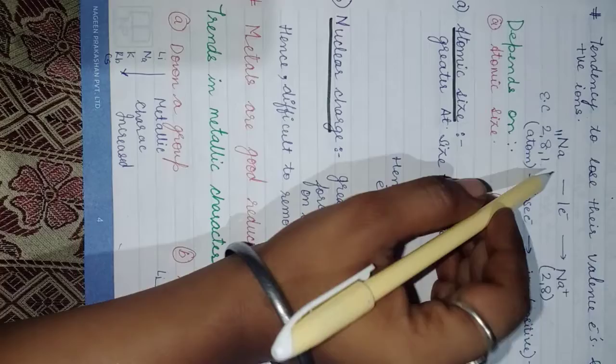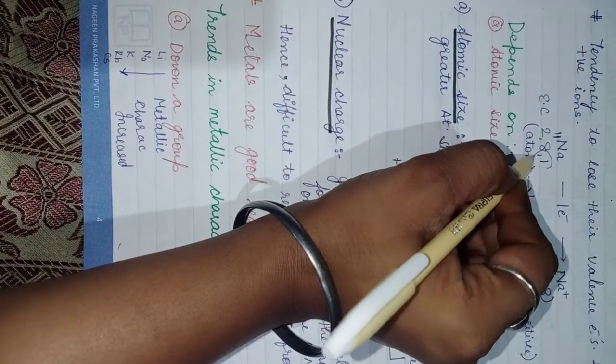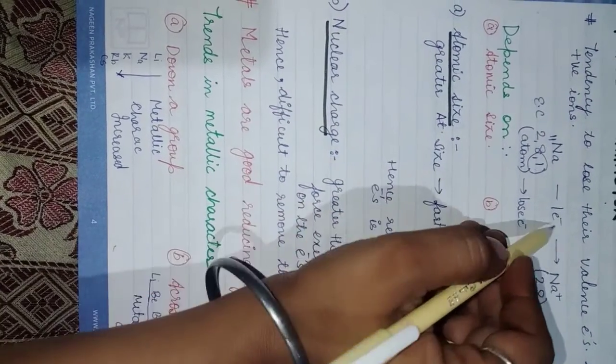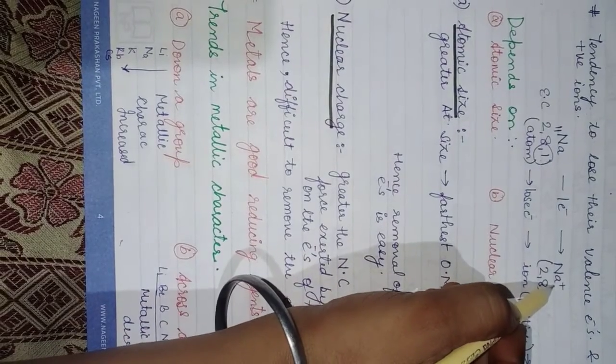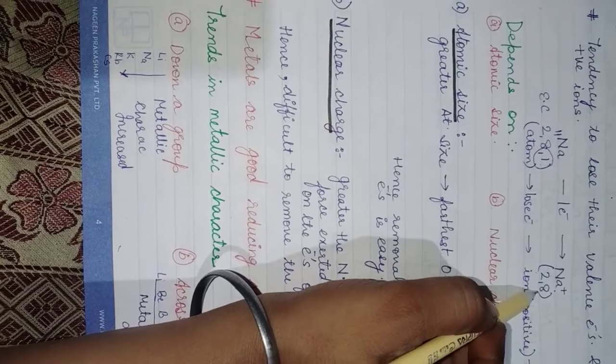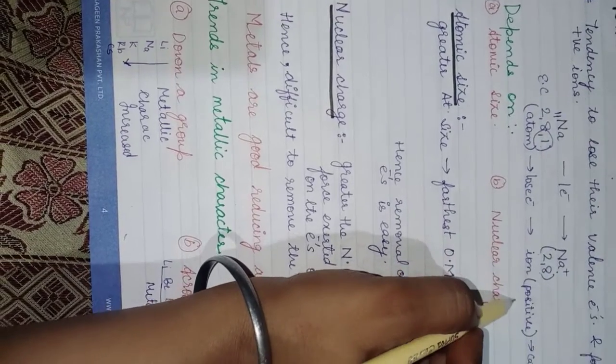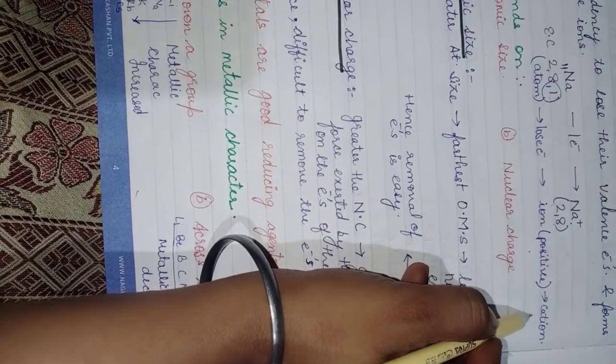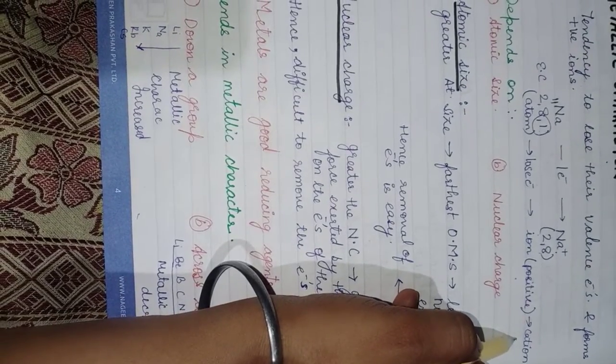Now, this sodium atom will lose this one electron present in the outermost shell and hence get converted to sodium ion with the electronic configuration 2, 8. Now, this sodium ion is a positively charged ion and it is known as cation.